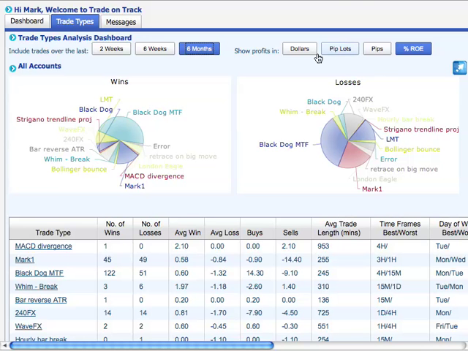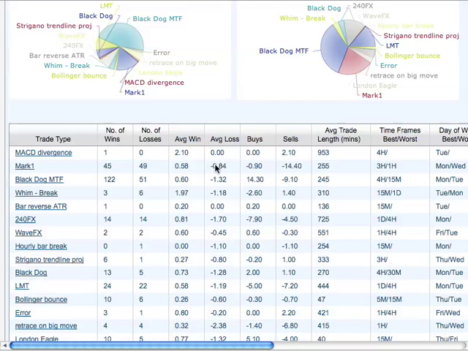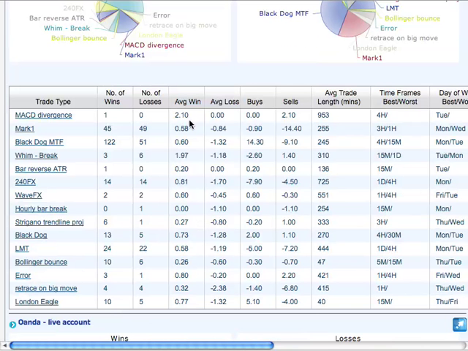We could say pips or pip lots or dollars, but here we have a 2.1% average winning return on that particular trade type. Then there's the average losing percentage, the average profit percentage for our buy trades or long positions, and similarly our short positions or sells, and the average length of time that our trades last for this trade type.